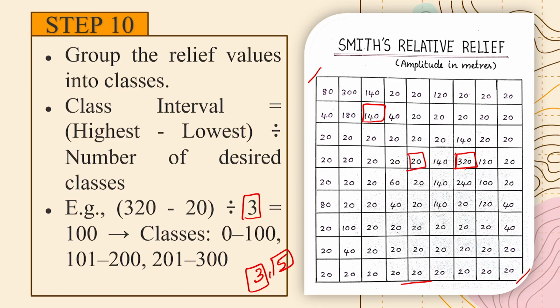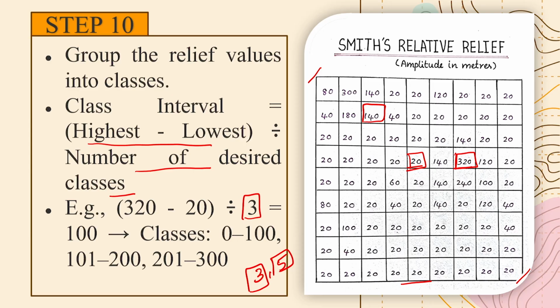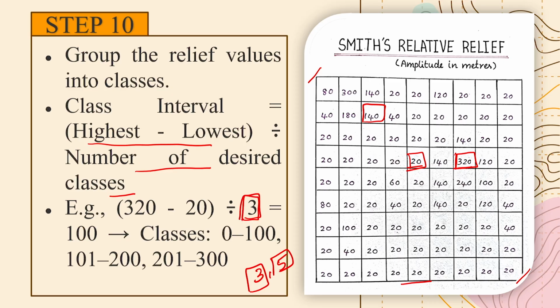So, here we have 320 in this case and 20 as the lowest value. Now the formula for calculating the class interval is highest minus lowest divided by the number of desired classes. As already mentioned, if you need to classify it into 3 classes, you have to use 3, and in case you need 5 classes, you will substitute 5 instead of 3.